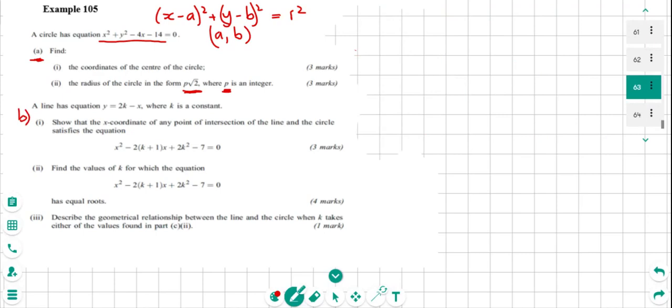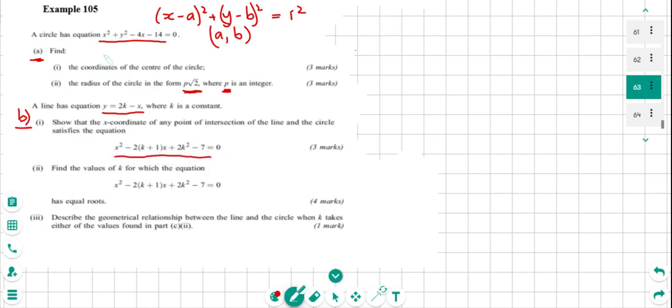If we now look at part B, what we've got is a line has an equation y equals 2k minus x, and k is a constant. So that means k is a number. And show that the x coordinates of any point of intersection of the circle and the line satisfy this equation.